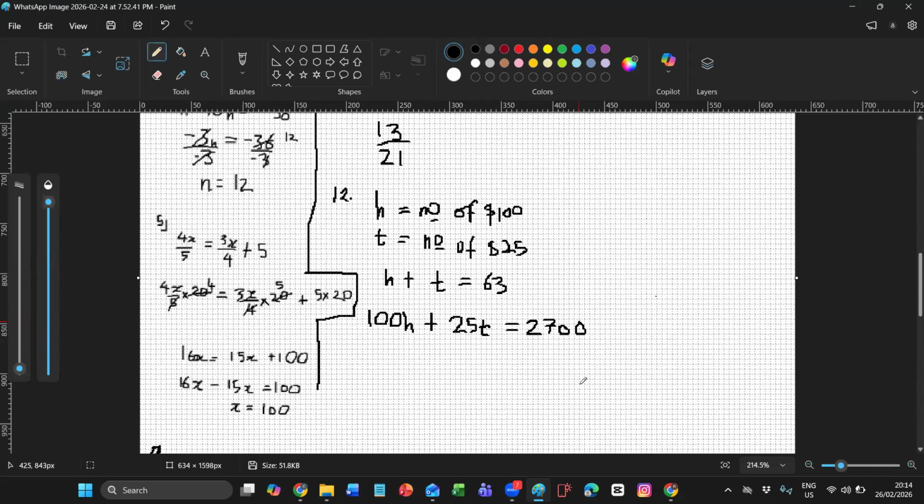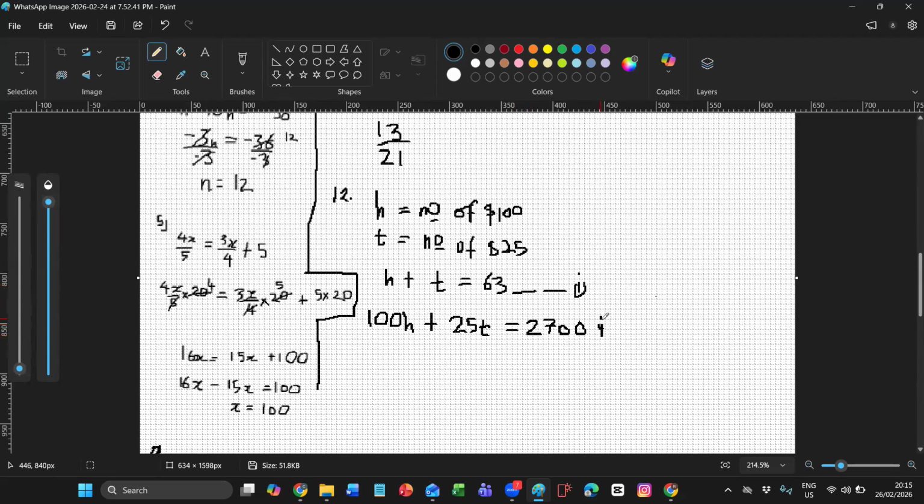Okay, let's just do substitution. Okay, so if we do the substitution method, then we can express one of them from equation one in terms of the other, and then put it inside equation two.